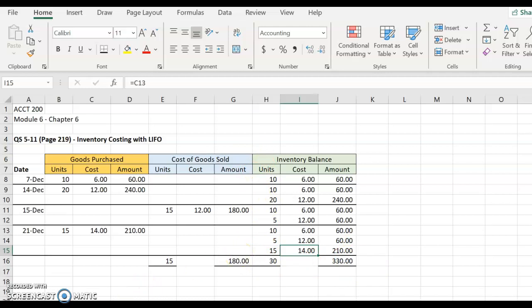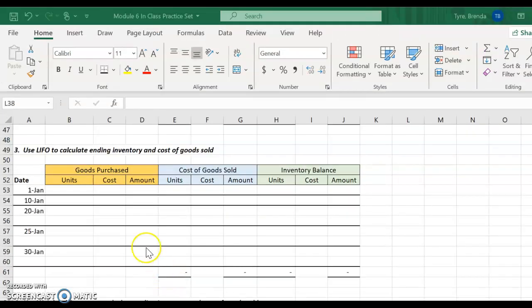Let's move on to exercise 5-3. Exercise 5-3 on page 221. We will now compute using LIFO, ending inventory and cost of goods sold. So on January 1st, again, our beginning inventory probably won't be moving up and down, so have your book open and take a look at the table. Our beginning inventory was 140 units at $6.